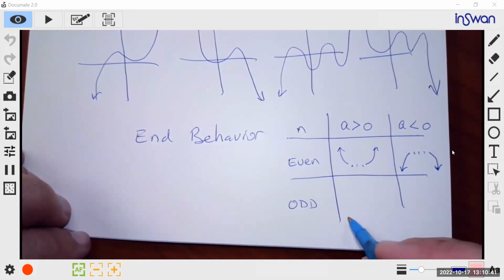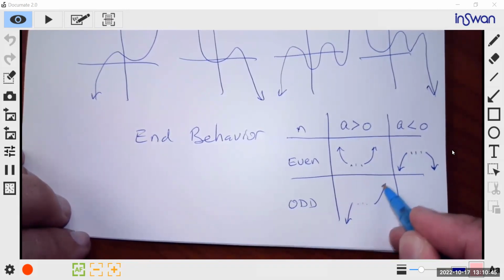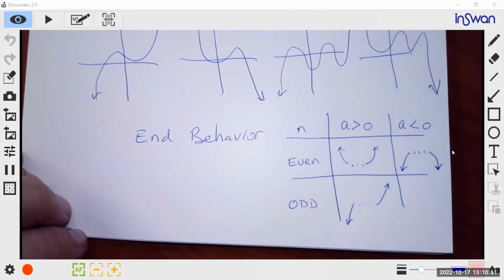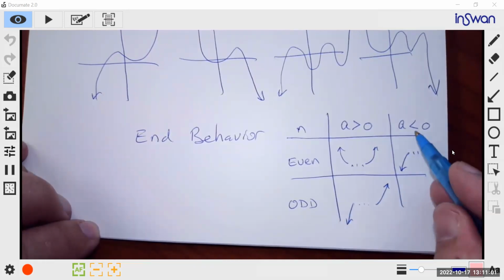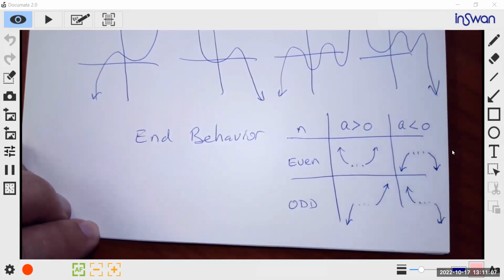If it's odd, the left goes down, the right goes up. And if it's odd and a is negative, then the left goes up and the right goes down.